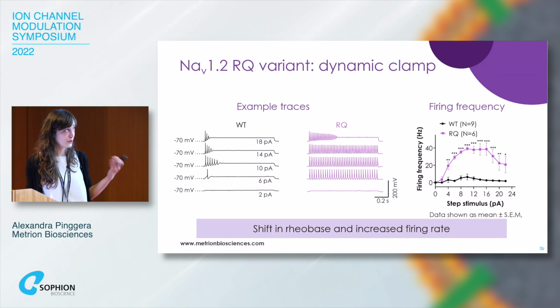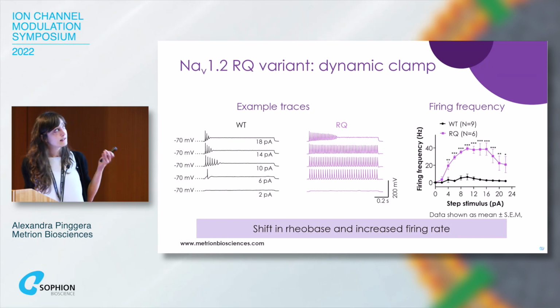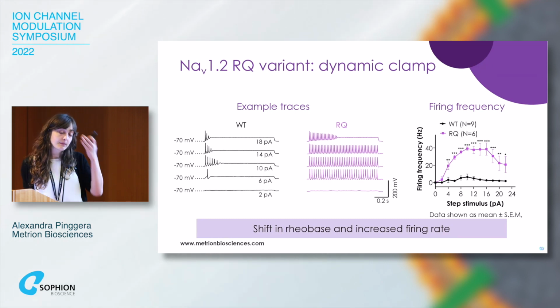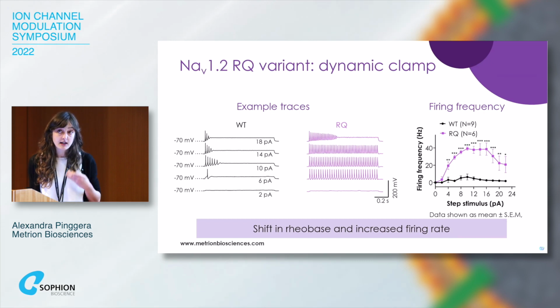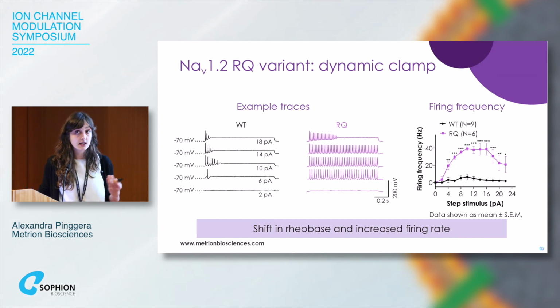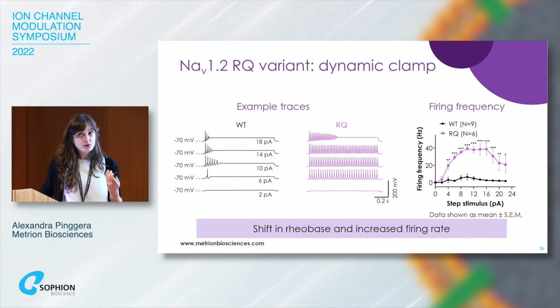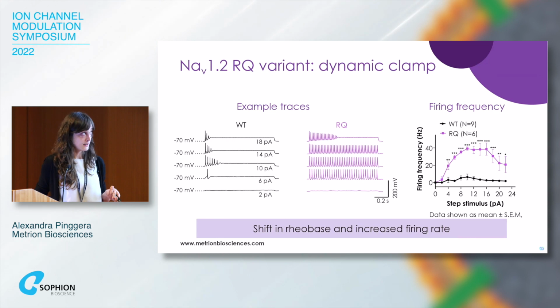So I hope this convinces you that this dynamic clamp assay is indeed sensitive enough to detect these gating changes and predict enhanced firing for this variant. And what we are proposing is that it can be used instead of a multitude of different voltage clamp protocols to predict the potential physiological consequences.